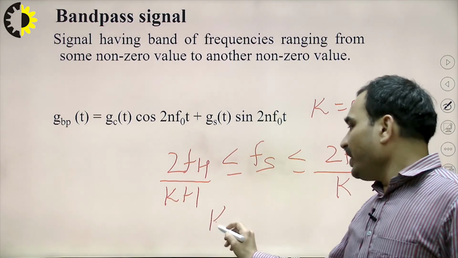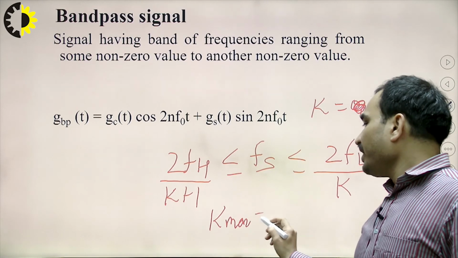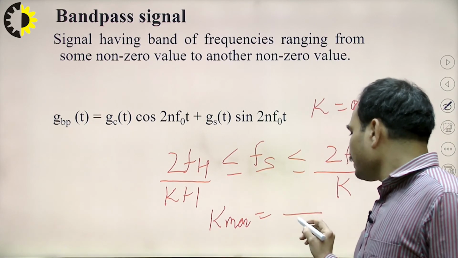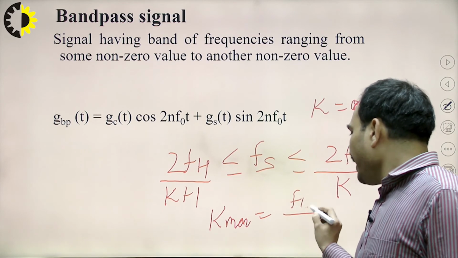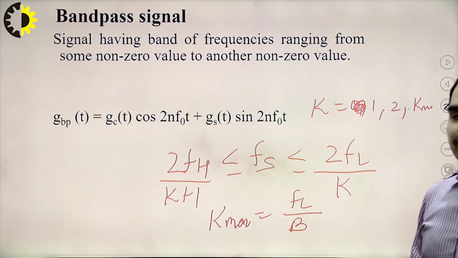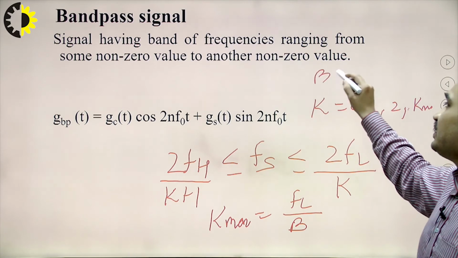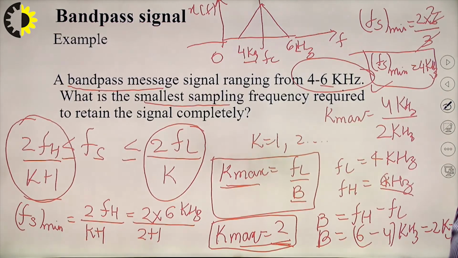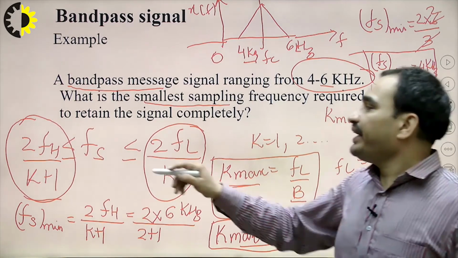The maximum value of k we can find simply as FL divided by the bandwidth, where the bandwidth is FH minus FL.